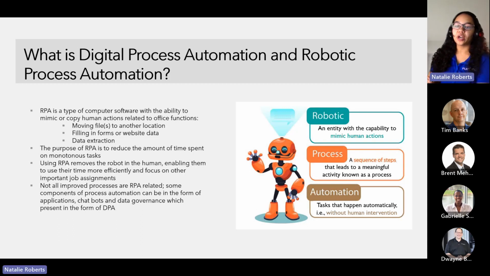Digital process automation and robotic process automation are software tools that help eliminate tedious, redundant, and monotonous tasks for the end user on a day-to-day basis. It also helps improve data integrity because you're using these processes over and over again, and because it's software, it works every time, just how you've programmed it. These tools can be customized for different companies to meet their needs and goals.